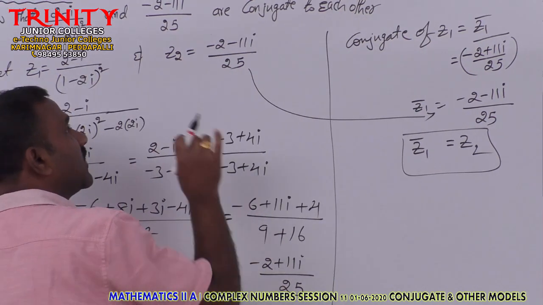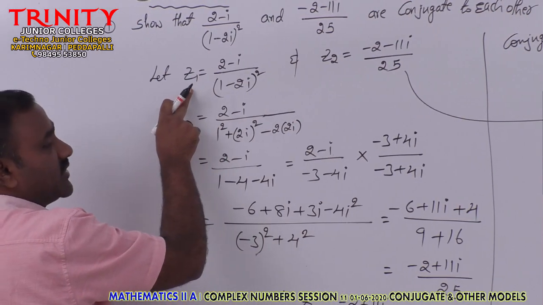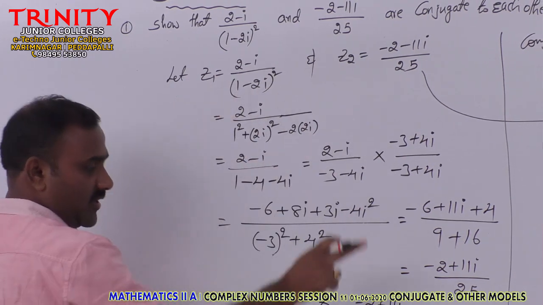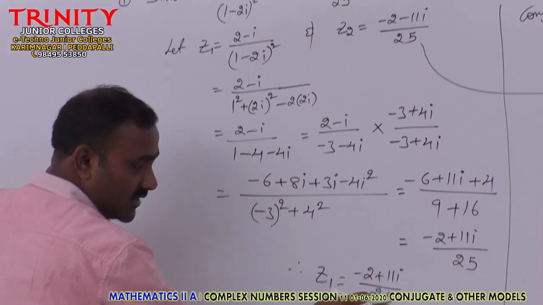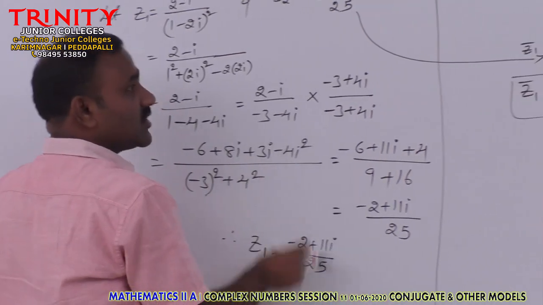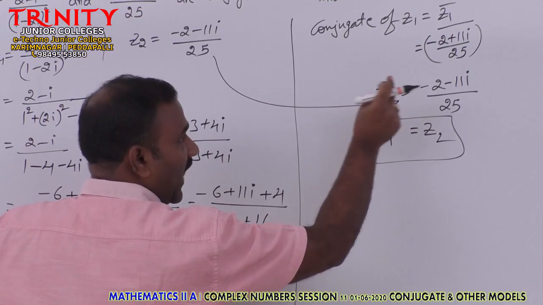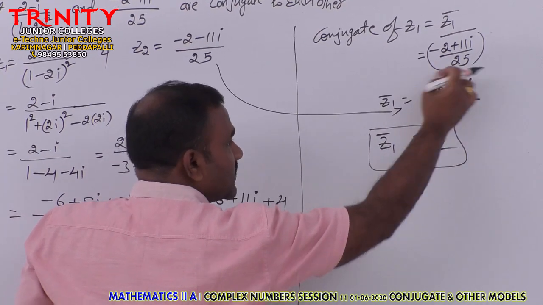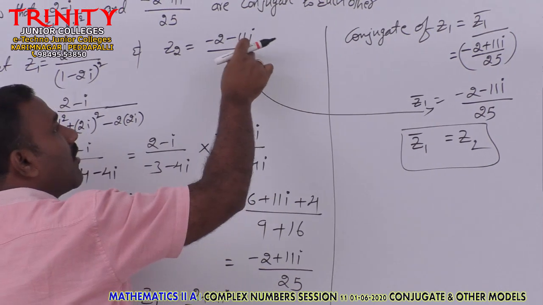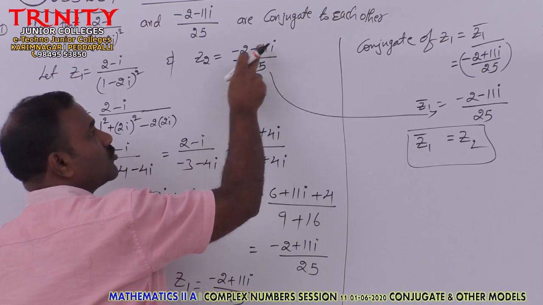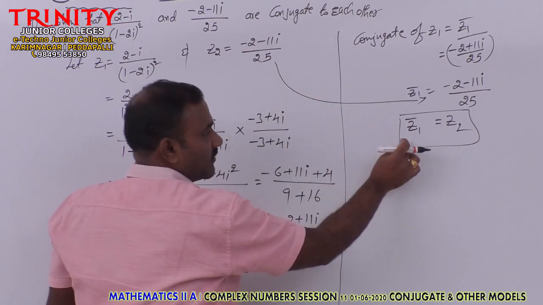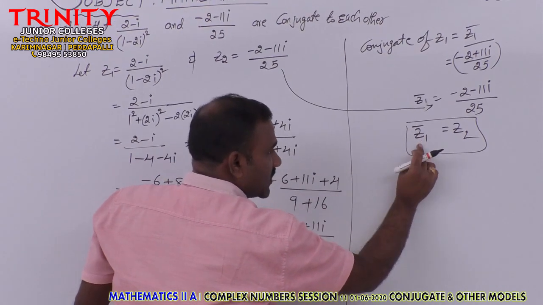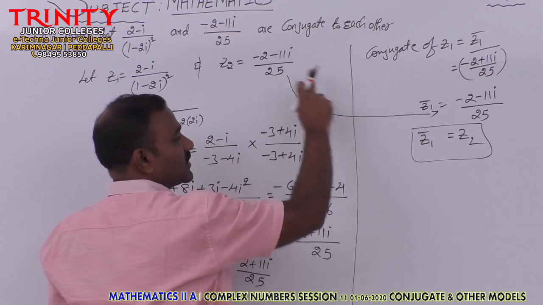Therefore, we can say that the conjugate of this Z1. Z1 we got as (minus 2 plus 11i) by 25. Its conjugate, what we got? Z1 bar as (minus 2 minus 11i) by 25. This is nothing but the given complex number Z2, (minus 2 minus 11i) by 25. Therefore, the conjugate of Z1 is Z1 bar, and Z1 bar is equal to the given complex number Z2.